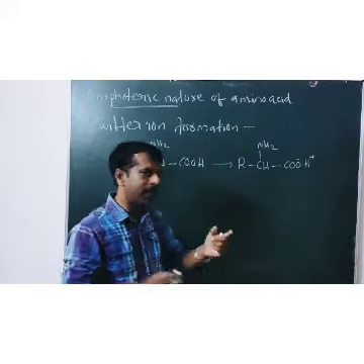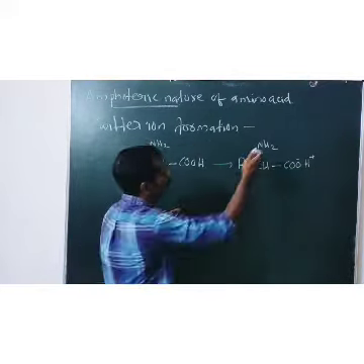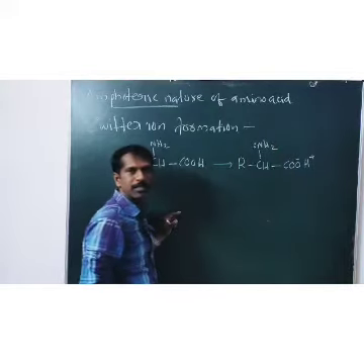So now what is happening? You know that this NH2 group is a basic group. That means a lone pair of electrons is present on the nitrogen atom.